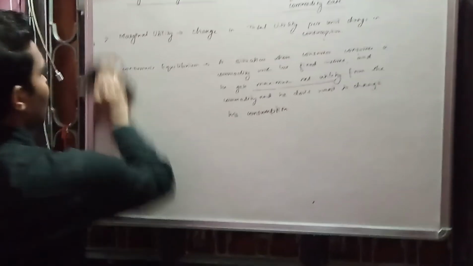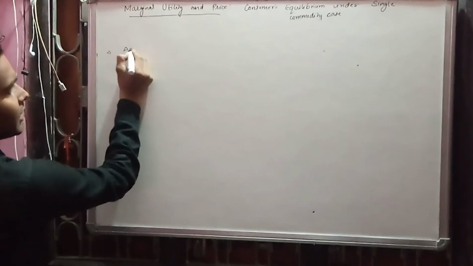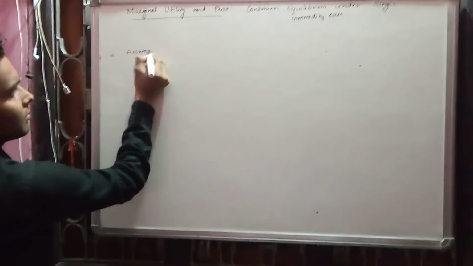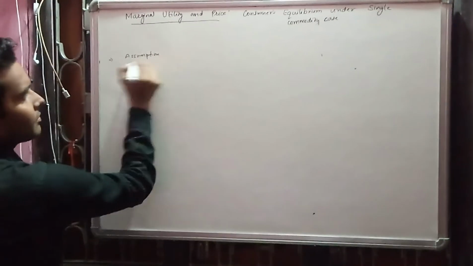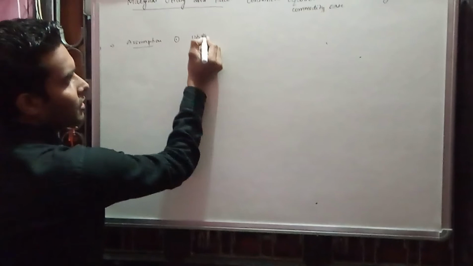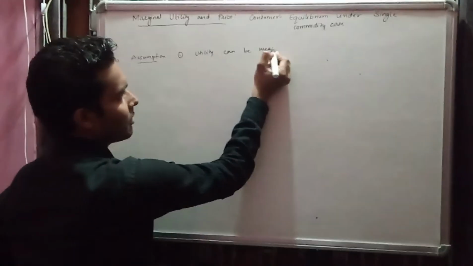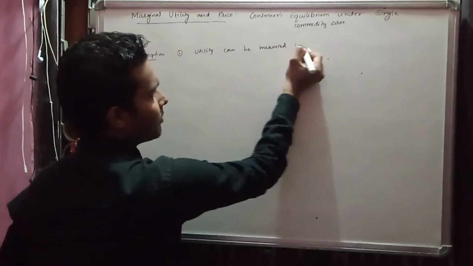Now we have done with this. So under this we have lots of assumptions. That is, first, utility can be measured in numbers.